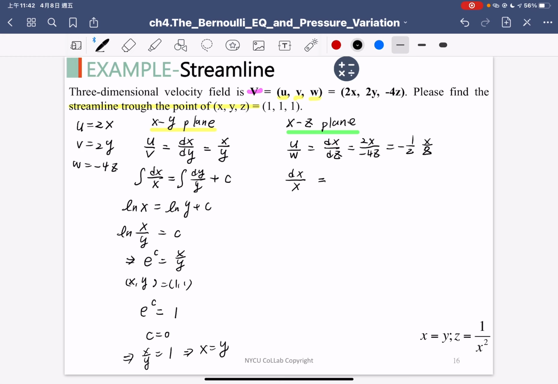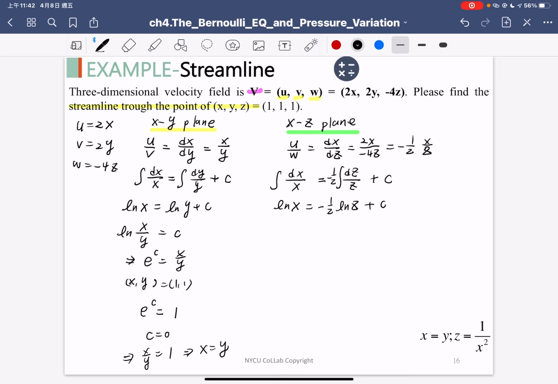So on the left-hand side dx divided by x, and dz divided by z, but there is the minus 2 over 1. We do the integration on both sides, and we have an additional constant value c. So there's ln x, and minus 2 over 1 ln z, and we have the constant c.